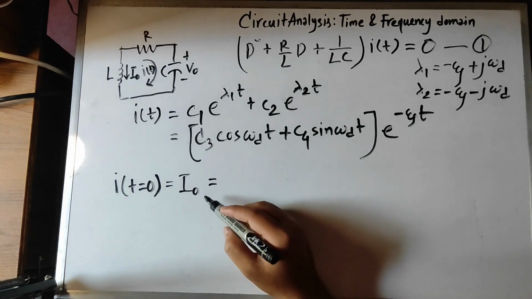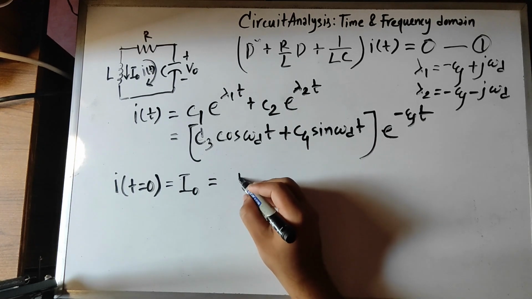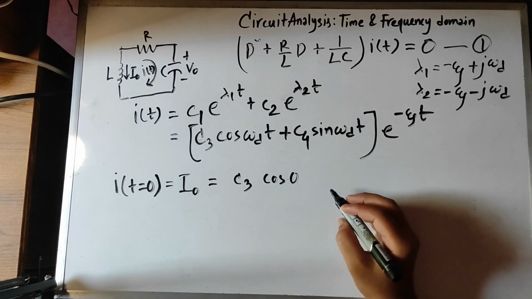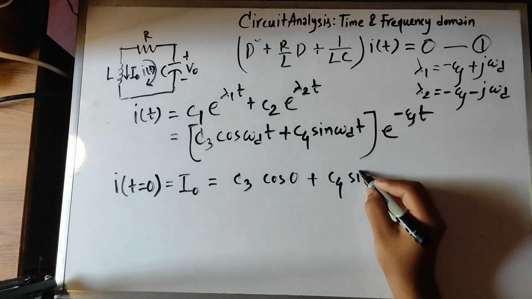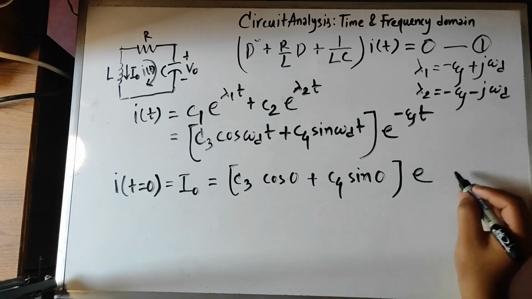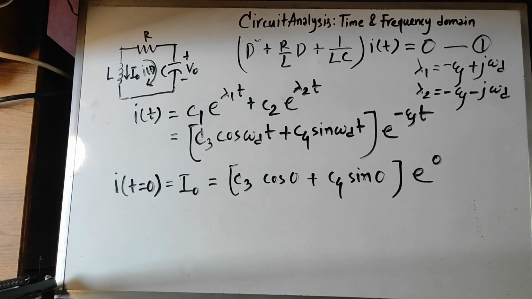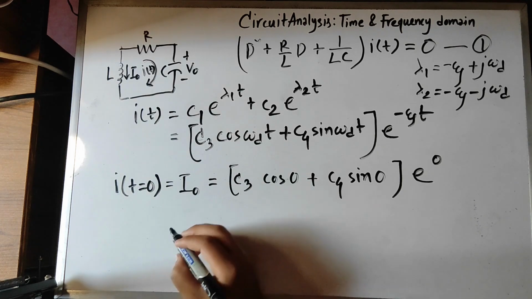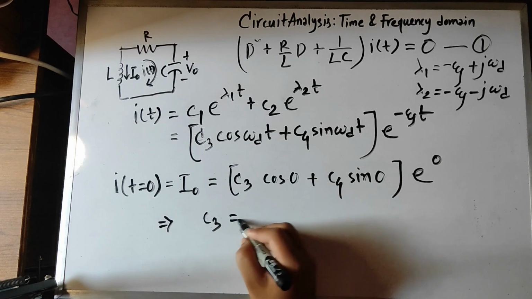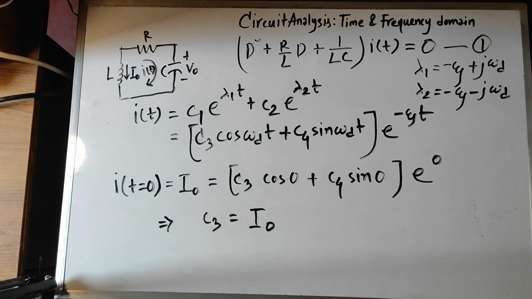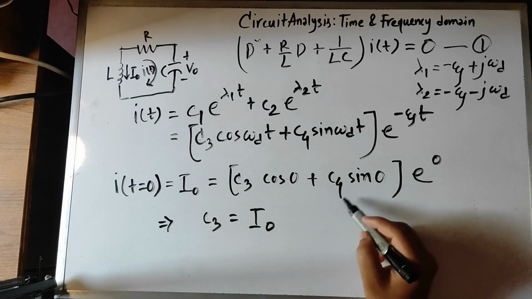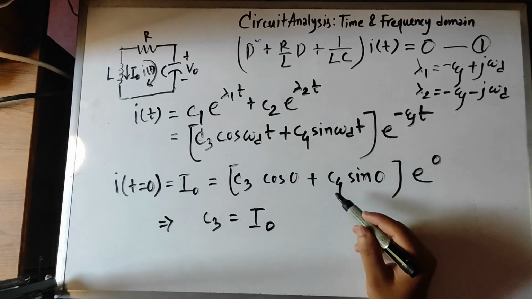If we plug in the values, C3 cos 0 plus C4 sin 0, times exponential 0. Cos 0 is 1, sin 0 is 0, so C3 is the initial current. That was really easy. Now we are going to find the second arbitrary constant.